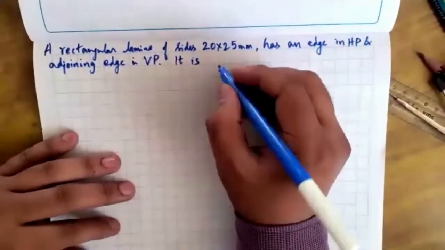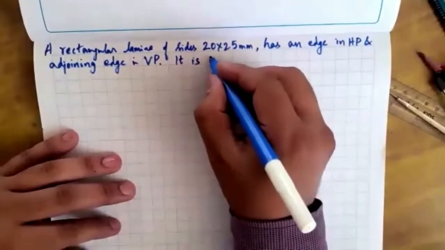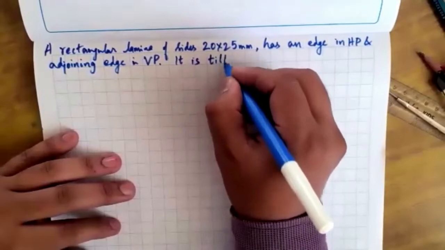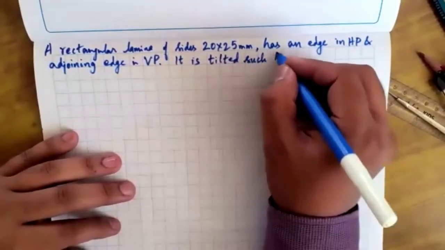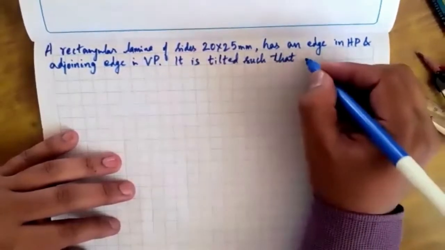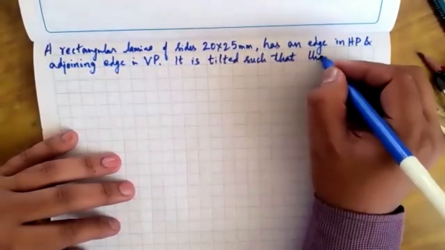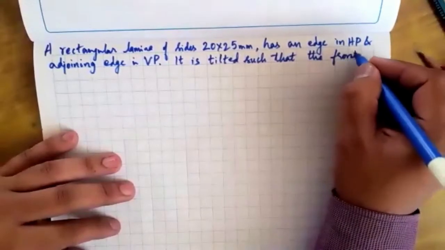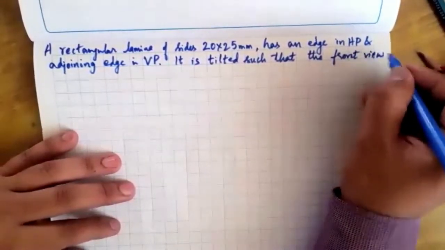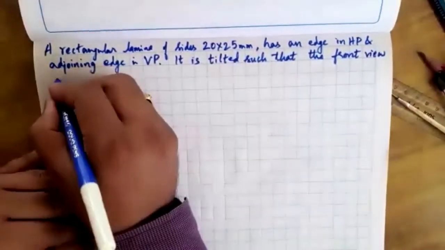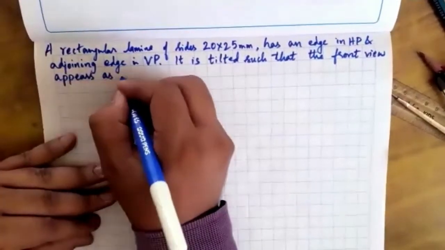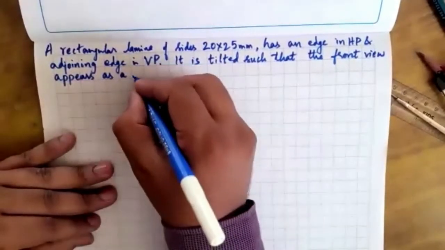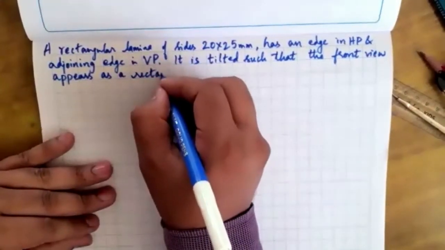It is tilted such that the front view appears as a rectangle.